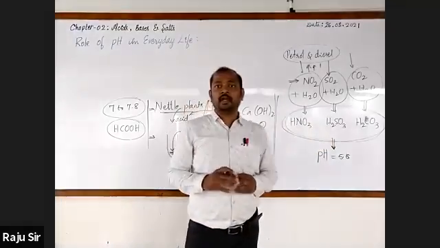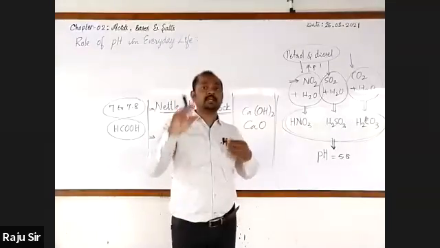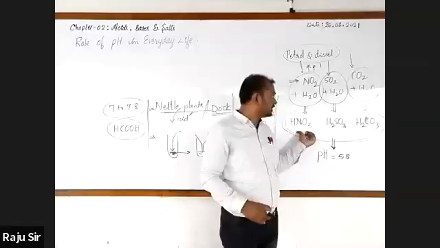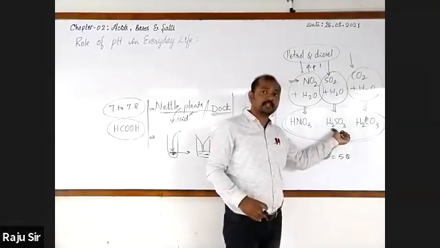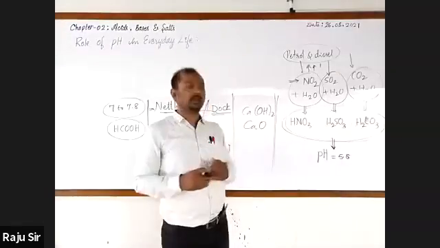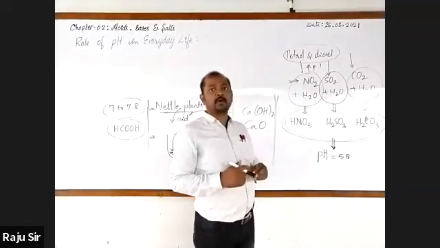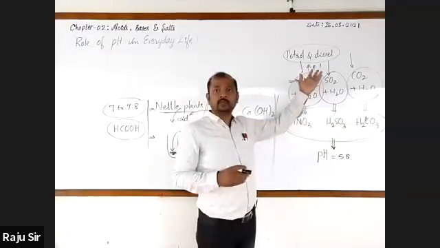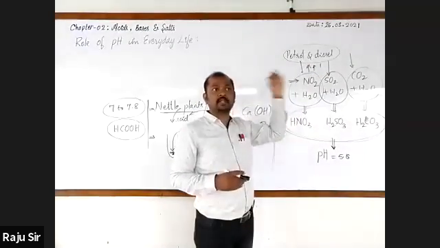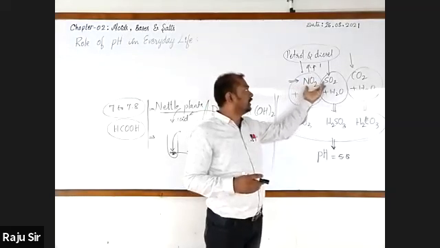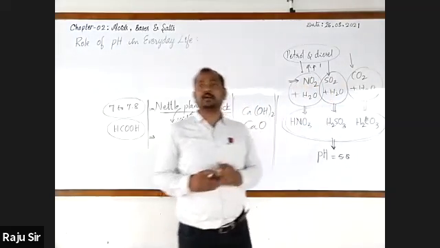Got it? And the acids that are present in acid rain are nitric acid, sulfurous acid, and carbonic acid. But how are these formed? These are formed by the burning of fuels. When the fuels are burnt, they release gases to the atmosphere, like nitrogen dioxide, sulfur dioxide, and carbon dioxide.